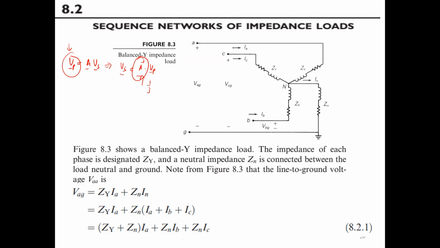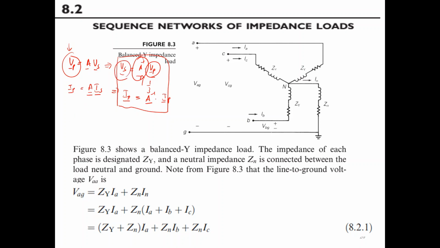This kind of equation, the quantity we are discussing, could be voltage or it can be current. Similarly, you can write the I in phase quantity, which is equal to A times I in sequence quantity, or you can use Is is the inverse of A times Ip. These are the things that we have discussed, how to transform the phase quantity into the sequence quantity.